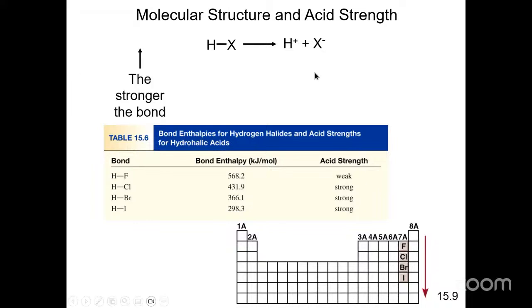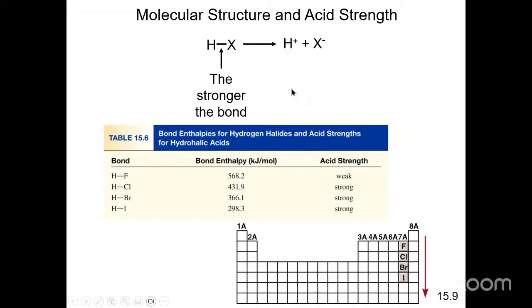Now, it turns out that there's a relationship between the strength of the acid and the strength of the bond. So basically, what this is saying is that the stronger the HX bond, the weaker the acid will be, right? If the bond is strong, there's very little tendency for the bond to break and produce the hydrogen ions.